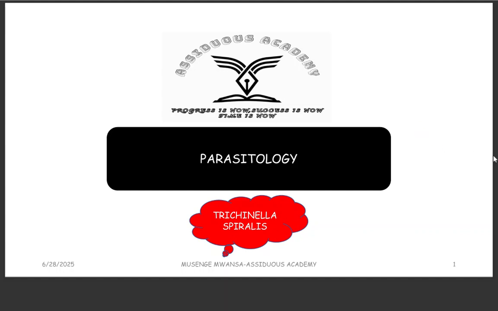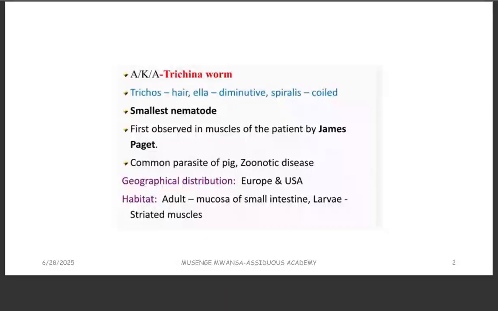So let's quickly go through Trichinella spiralis. Now, this is a worm and it's actually the smallest. When you're discussing worms, you are going to split them into the flatworms, or the platyhelminths, and the roundworms.